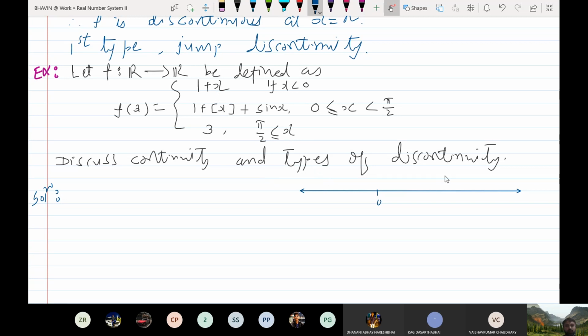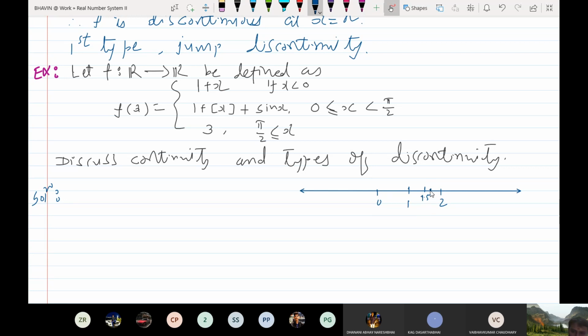Now if x is bigger than pi by 2, the value of pi is approximately 3.14. So 3.14 by 2 is more than 1.5. So this is 1, this is 2, this is 1.5. So somewhere here, this is pi by 2.